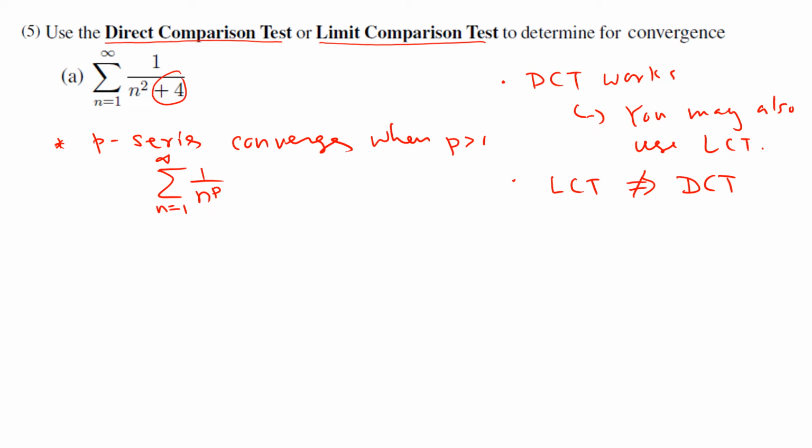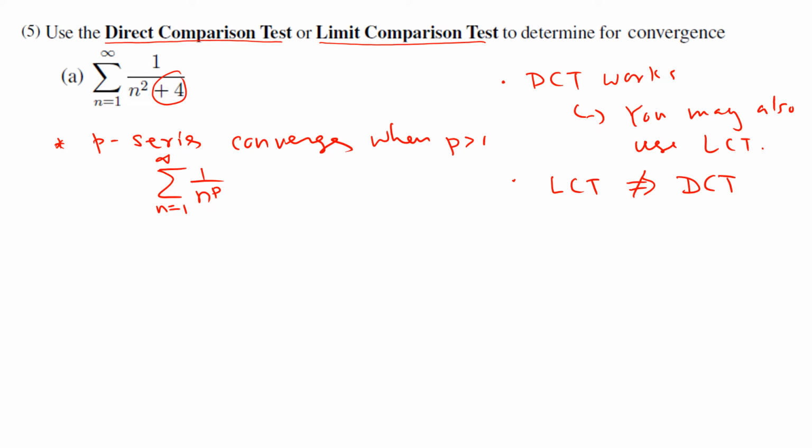So we're going to use that fact. We're going to compare this with something that's going to converge. If you can show that this series has terms which are smaller than the terms of another converging series, then you can see this is going to converge.